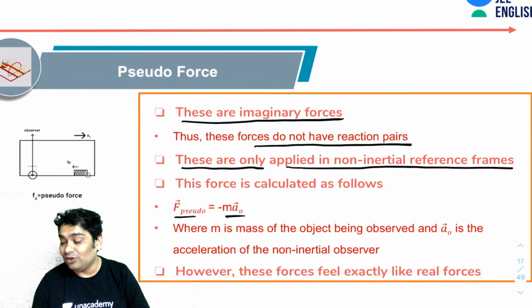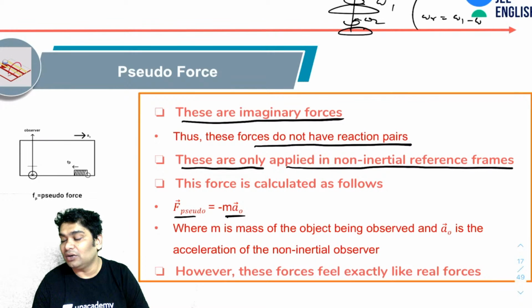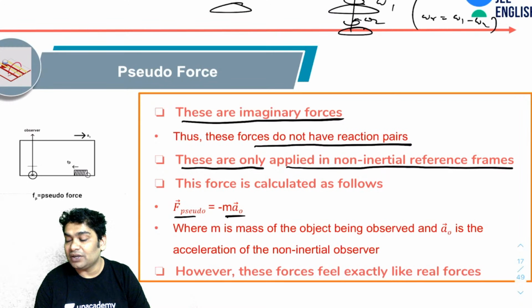Either you will have two objects which are rotating in the same direction, with omega 1 and let's say omega 2. In that case, omega relative would simply be omega 1 minus omega 2. Or you can have two objects where one is rotating like this with omega 1 and another is rotating in the opposite sense with omega 2.